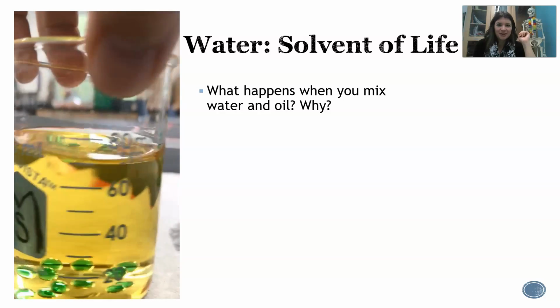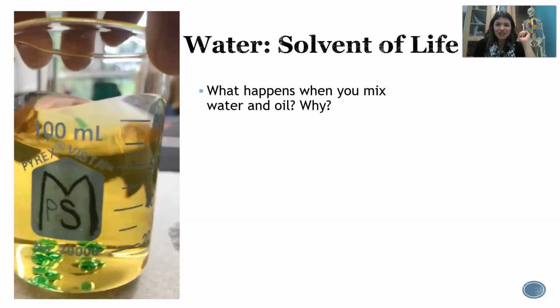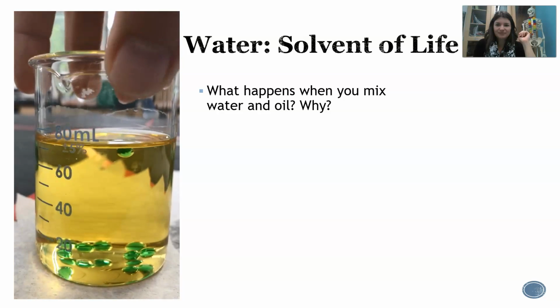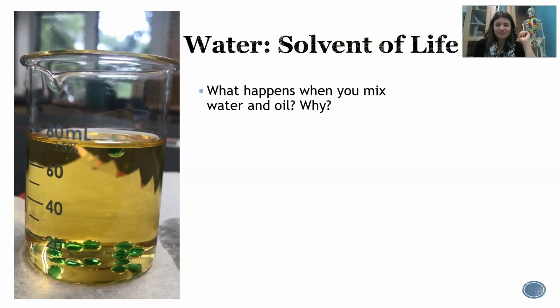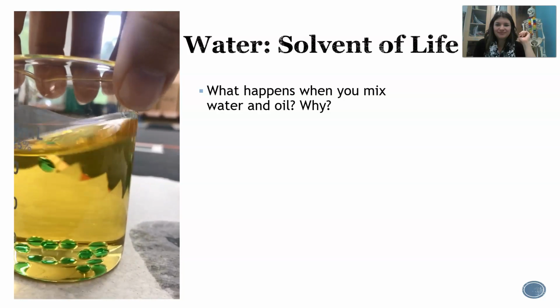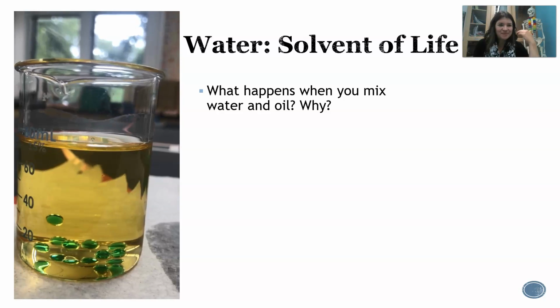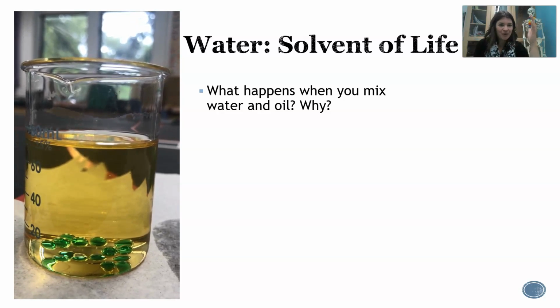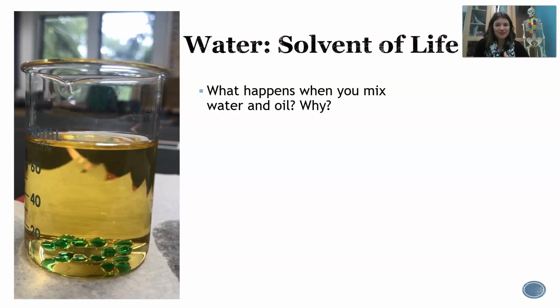The one's a little bit stubborn. There you go. So water is more dense than oil, so the water is going to sink down to the bottom, and you can see it forms those nice little circles, those spheres.